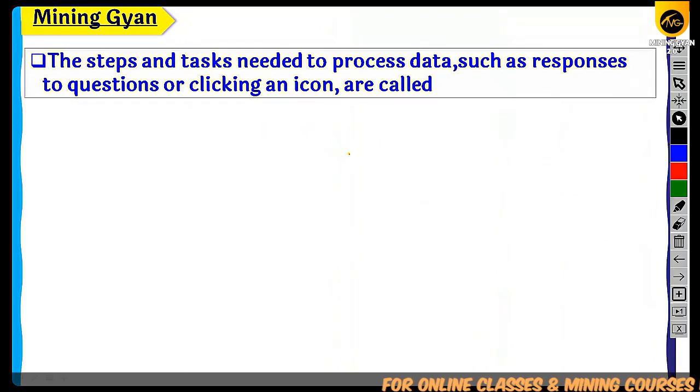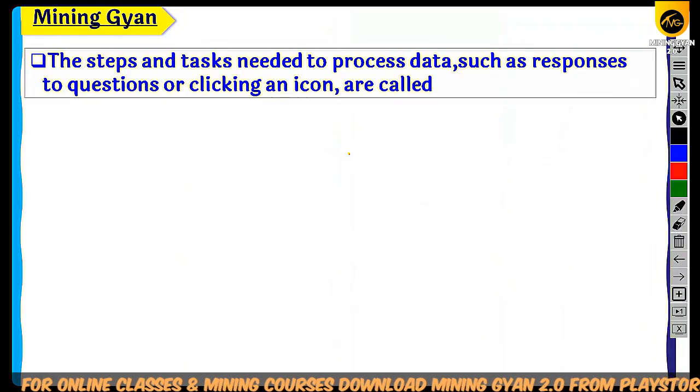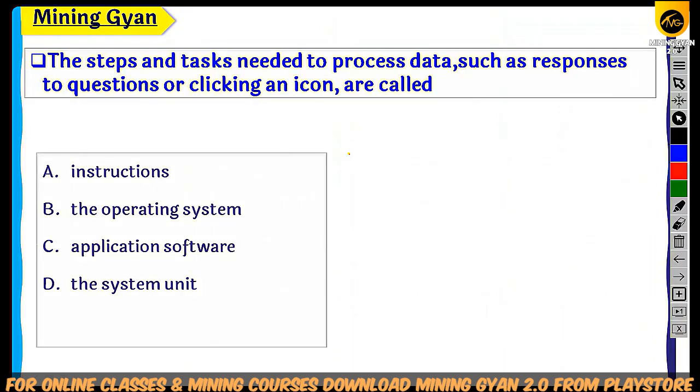Now the next one is the steps and tasks needed to process data, such as responses to questions or clicking an icon, are called. The first one is the instructions, the operating system, the application software, and the system unit.